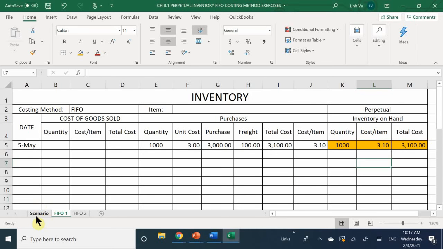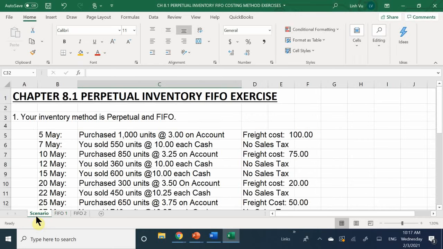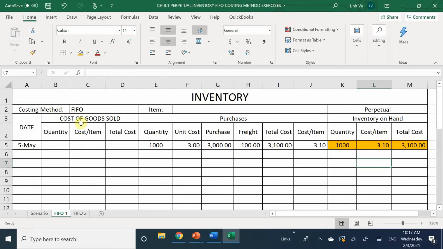All right, so let's see what happened next. Here on May 7th, you sold 550 units at $10 each for cash. No sales tax. So where are we going to start now? The cost of goods sold section, we got 550 units.